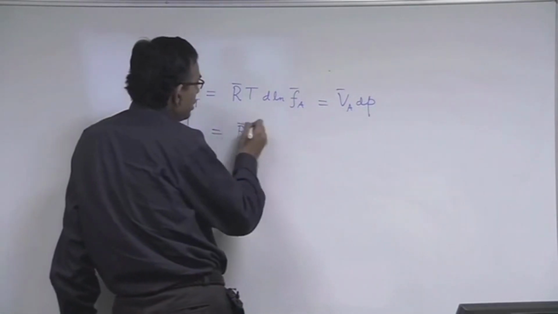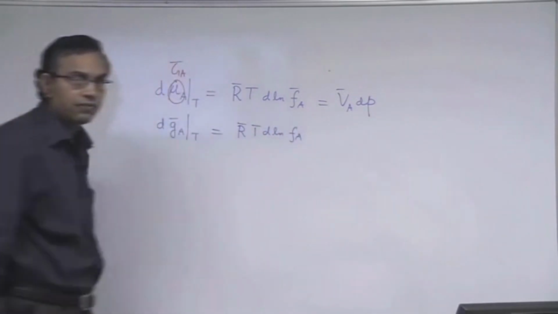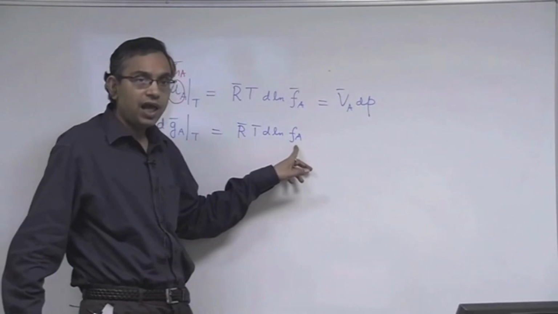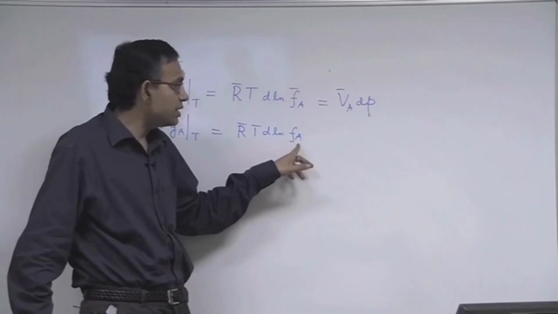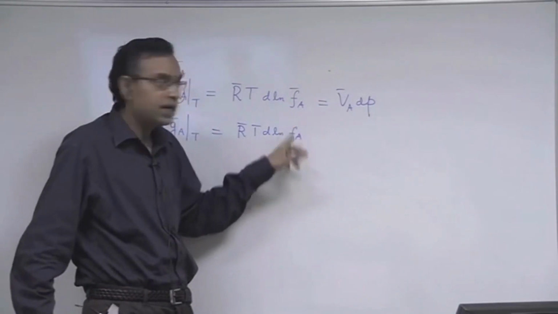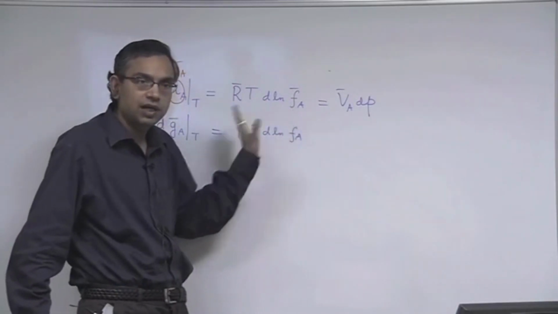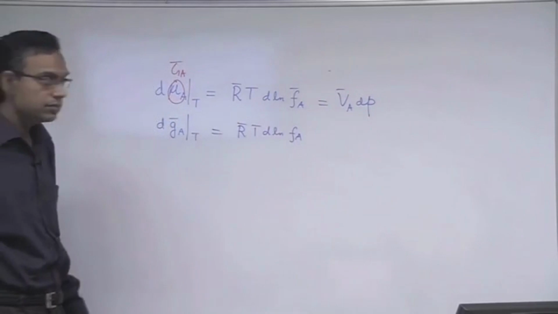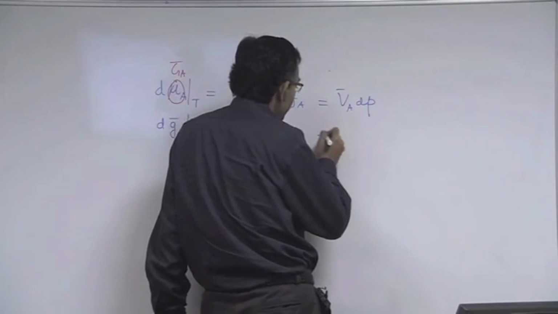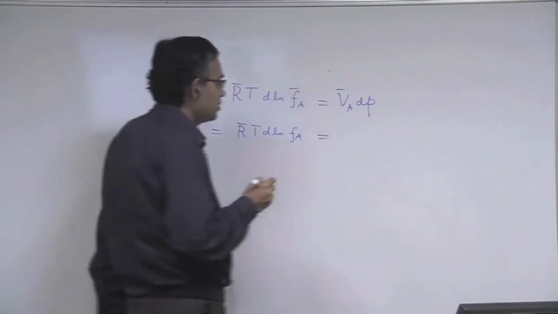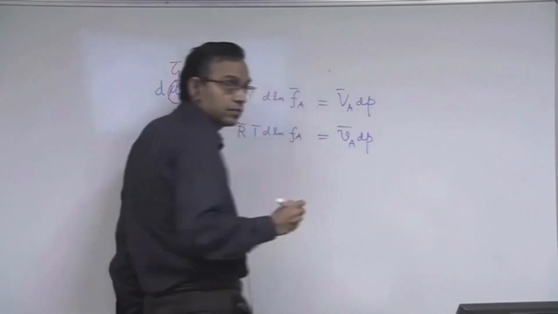This is RT d ln F A. What is F A? This is the fugacity of the pure component A. See, fugacity is not a partial molal property, so that is why its nomenclature of writing is different from the partial molal property. So this is equal to what?